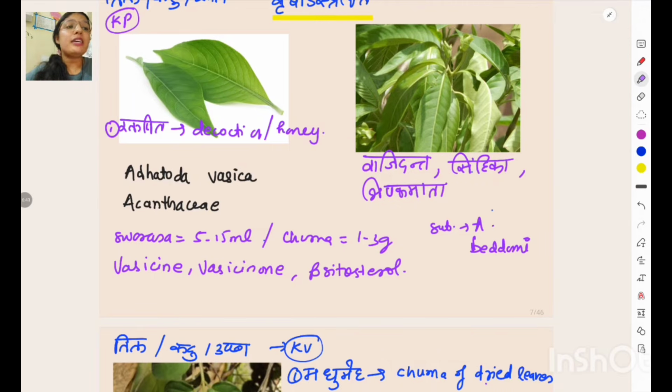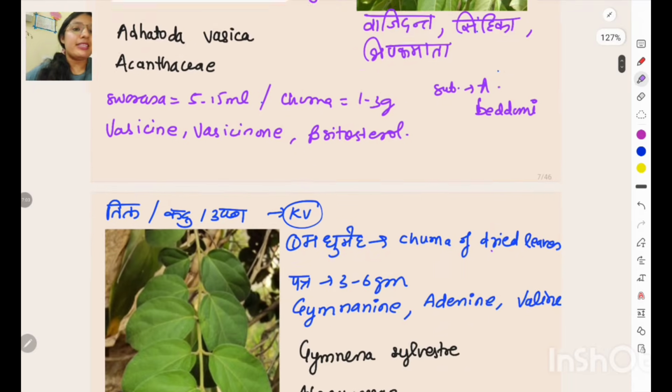Substitute is Adhatoda beddomei, and the conventional method to identify this: generally in Vasa the secondary nerves are always more than 10 and in beddomei less than 10, so we can easily count this and identify which is beddomei and which is Adhatoda vasica.